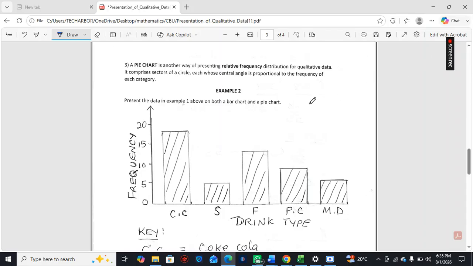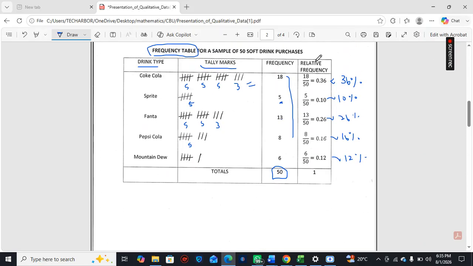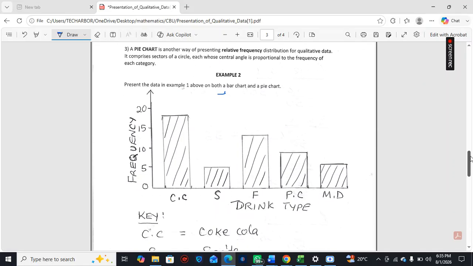We get the information for the bar chart from this frequency table here. Remember Coca-Cola frequency 18, Sprite 5, Fanta 13, Pepsi 8, Mountain Dew 6. So here Coca-Cola 18. As you can see here, 18 is somewhere here.